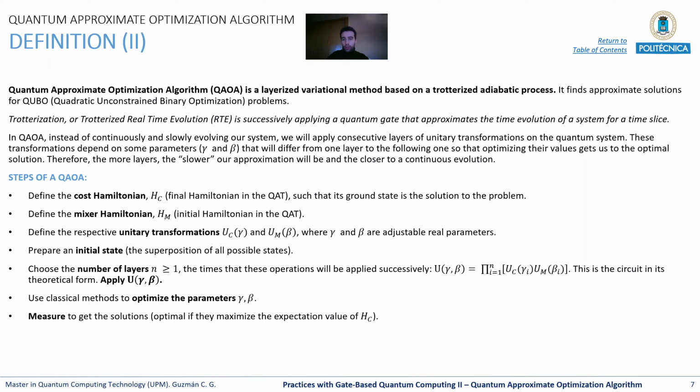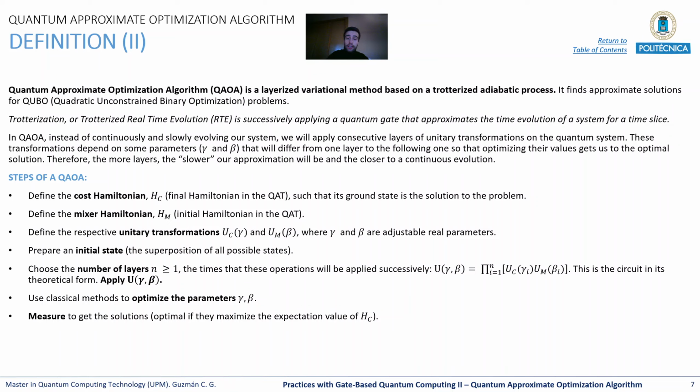So how do we solve this? How do we go through the QAOA? What steps does this have? We define the cost Hamiltonian first of all, because this one will be the one that encodes our problem. This one will have the solution when we find its ground state. We also define the mixer Hamiltonian, because this Hamiltonian will be the one where our system will start.